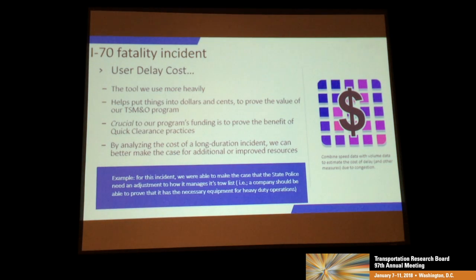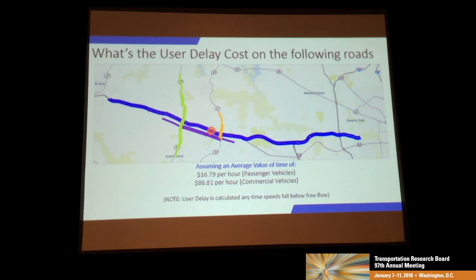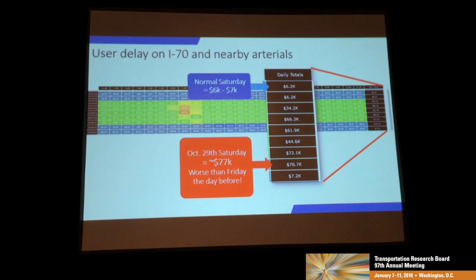And then you can look at the user delay cost associated with this incident. I mentioned user delay cost in the context of work zones, but now you can look at it and say, well, what was the actual cost of this incident to the drivers? You can assume certain average values for passenger and commercial vehicles. You can adjust these values as well, and then calculate delay on the routes that were impacted, both parallel and perpendicular routes, and get a matrix that looks a little bit like this.